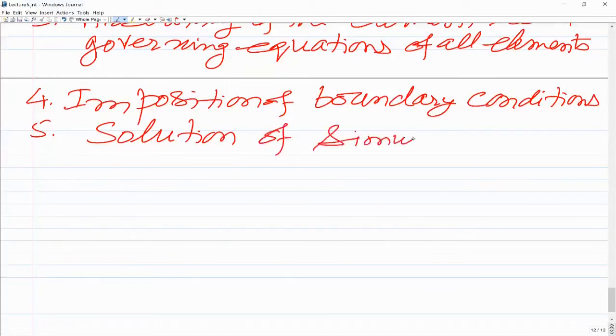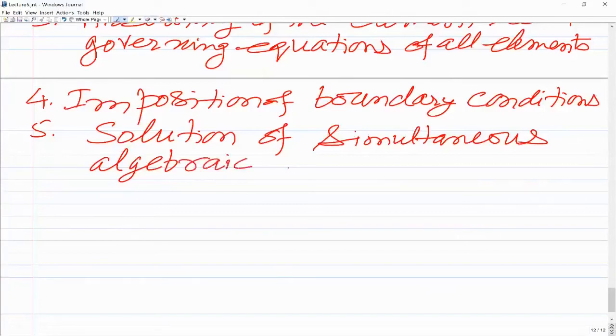Of course, if it's a dynamics problem, then the finite element method will give you ordinary differential equations in the time domain, and then you will have to solve them.